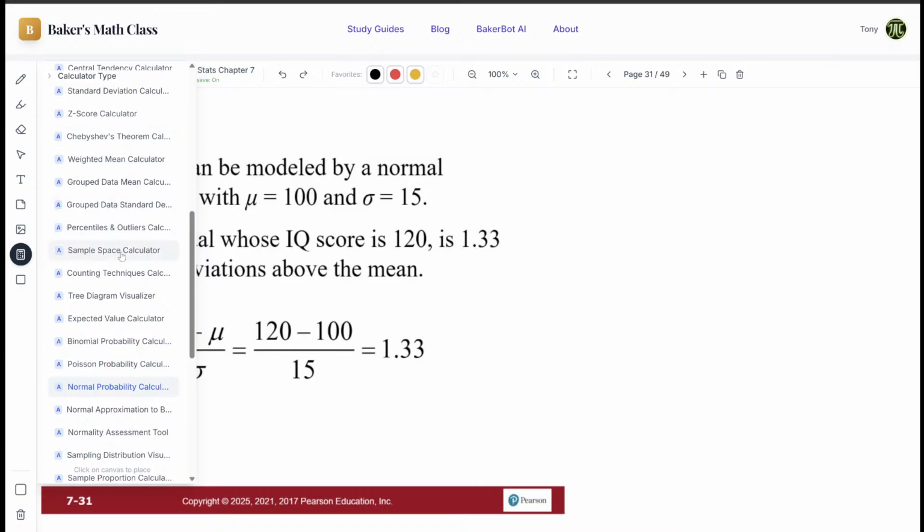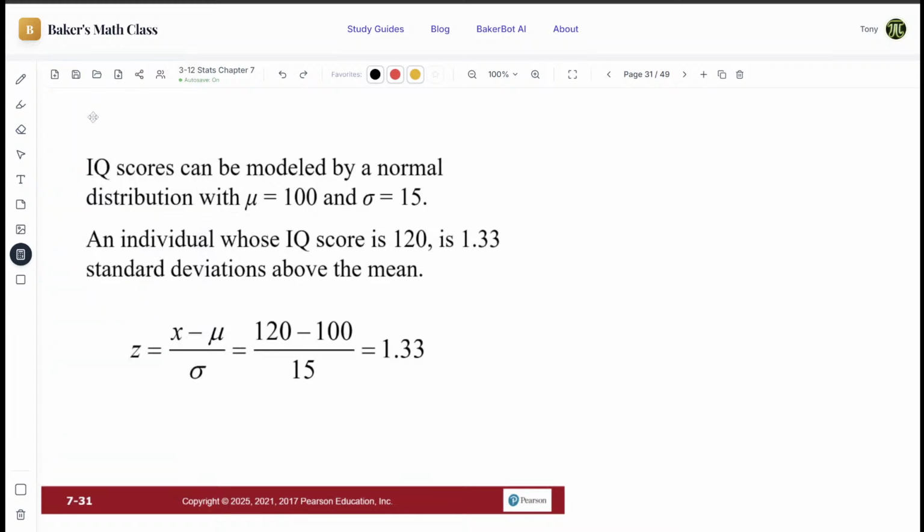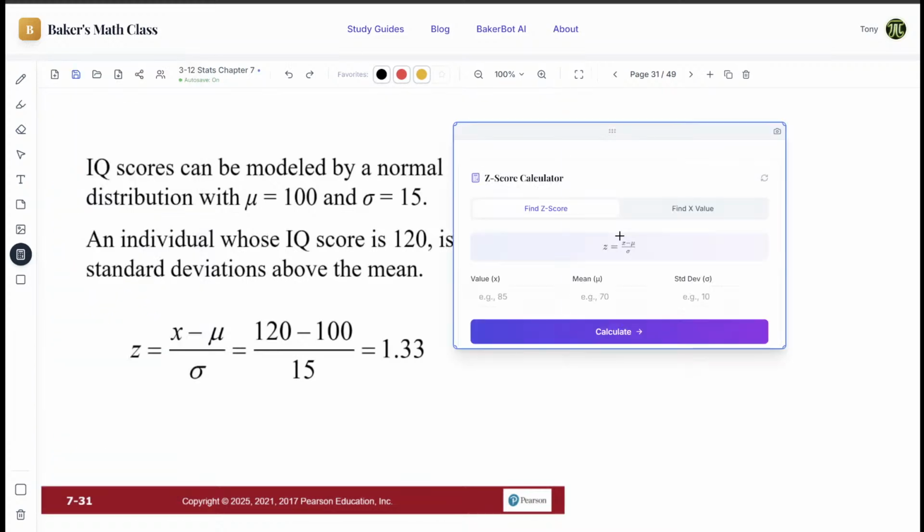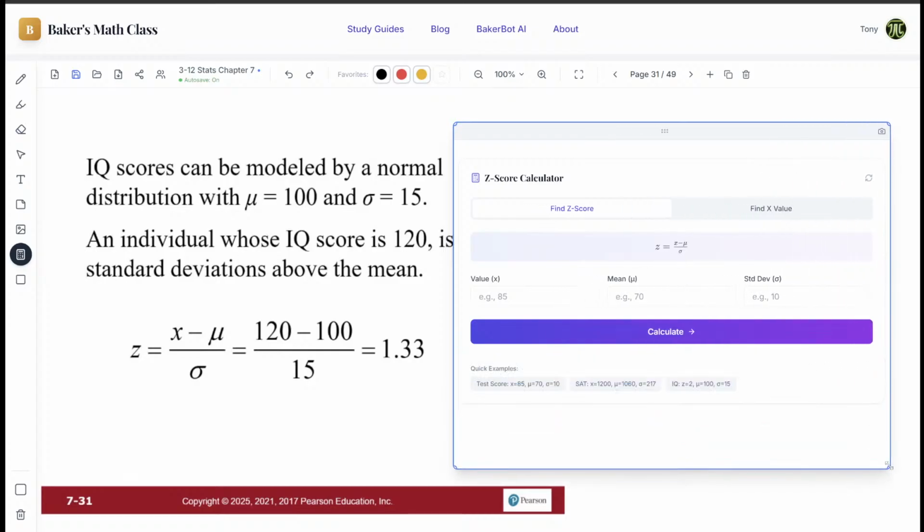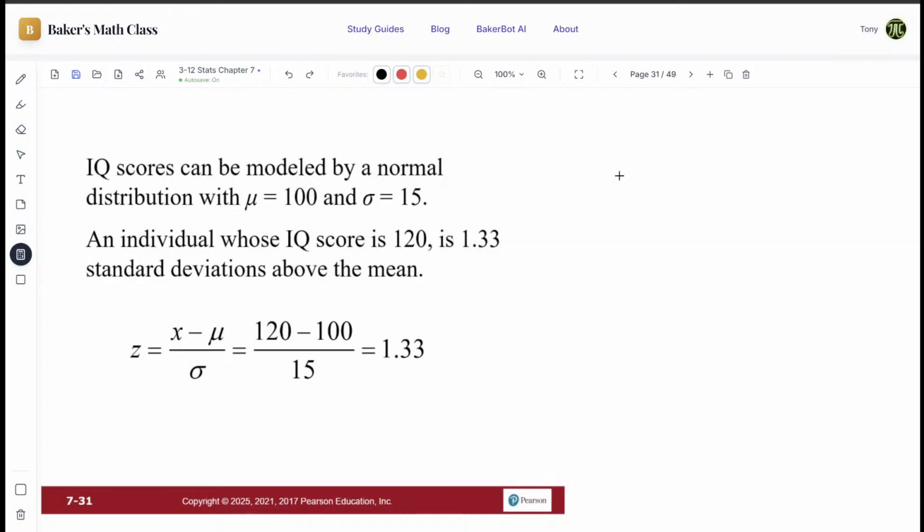I'm trying to think of which calculator is going to be used for this. I just have a z-score calculator. But that's not going to help me for this one.